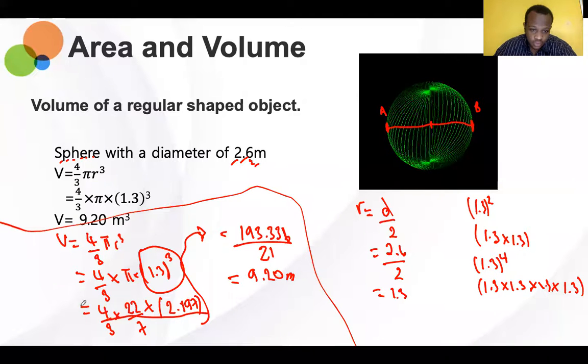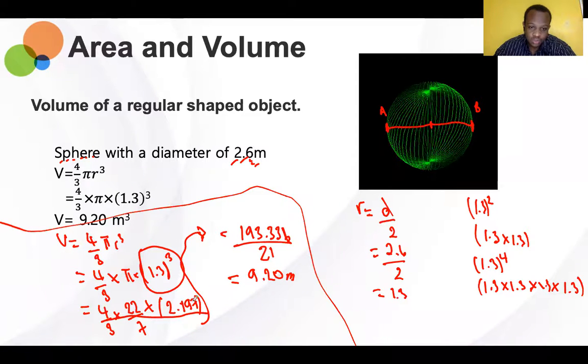Because all of them are in the same line, we multiply them. The 3 and the 7 are also in the same line, so we multiply them and get 21. And we times 4 times 22 times 21 times 2.197 and we get 1.93.